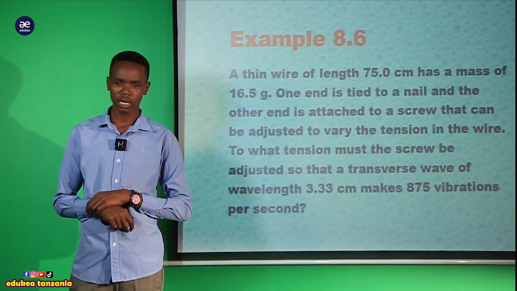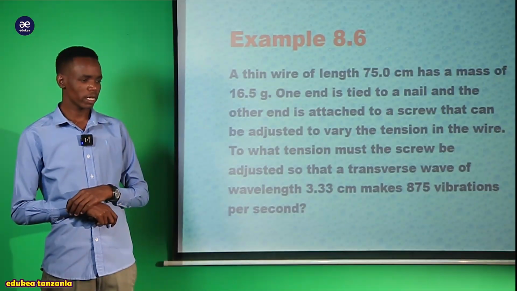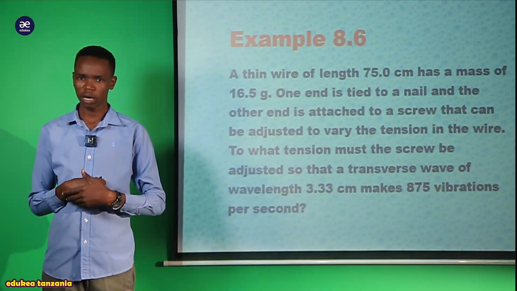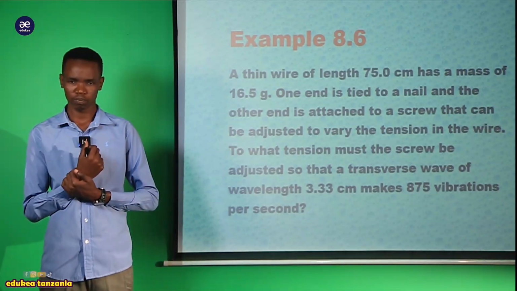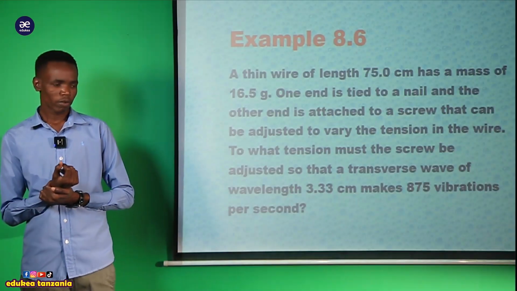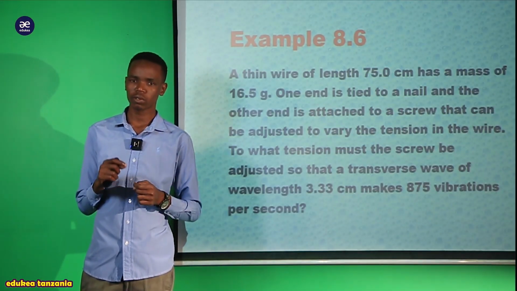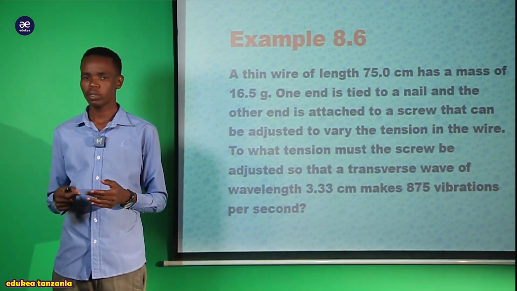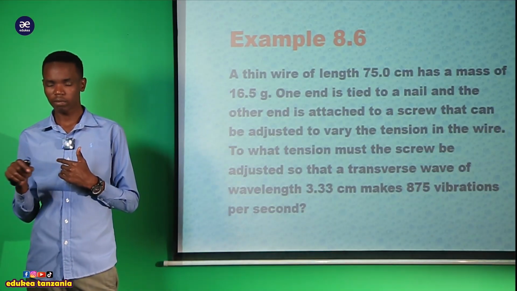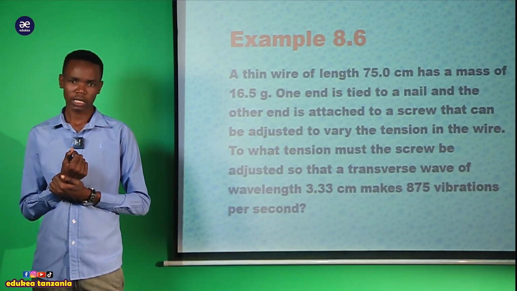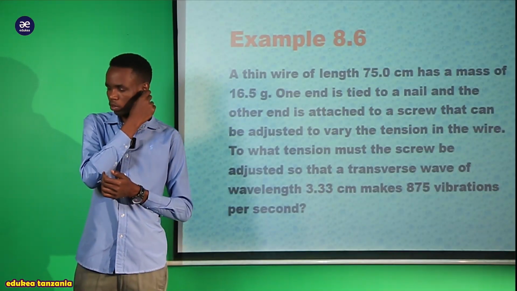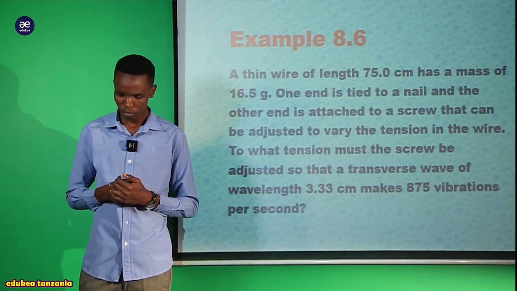We discussed how to obtain the general formula of the frequency for the nth harmonic. We said that the frequency of the nth harmonic must be equal to the number of the harmonic times the velocity divided by 2L. That is the formula that we demonstrated in the last session.